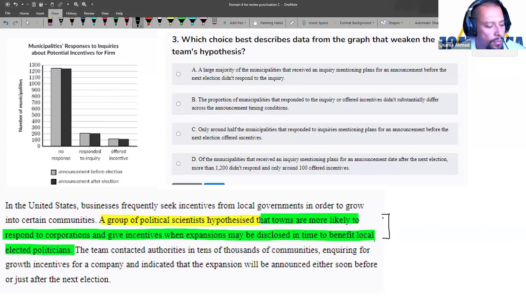Like in that town, people are most likely to respond only to the corporations, and give incentives when it's down the expansion. This may be the closest to the time.